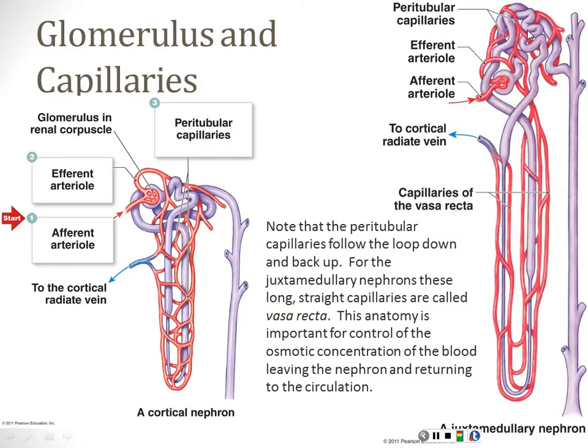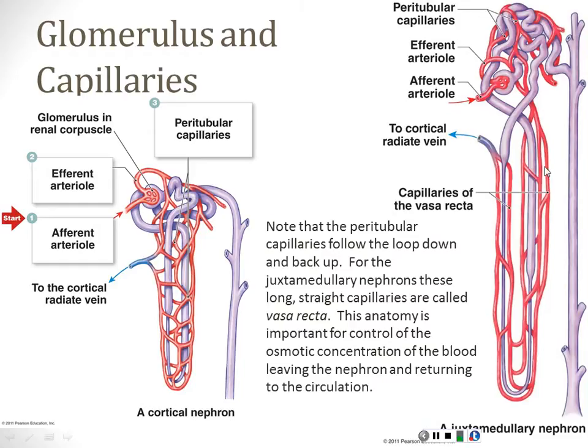Now, in the big juxtamedullary nephrons, we still have the same setup, right? Here's our first capillary bed, the glomerulus. Here's the efferent arteriole. And we still have peritubular capillaries wrapped all around the convoluted tubules. But then we have this set of tubules that goes way down, follows the nephron loop down, and then comes way back up.